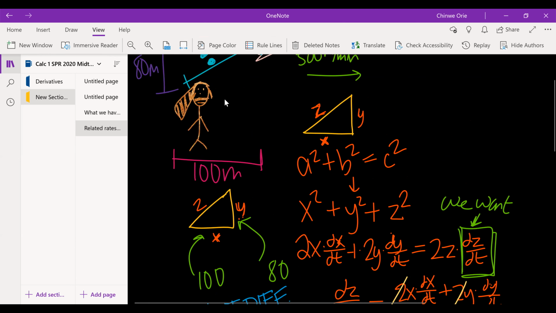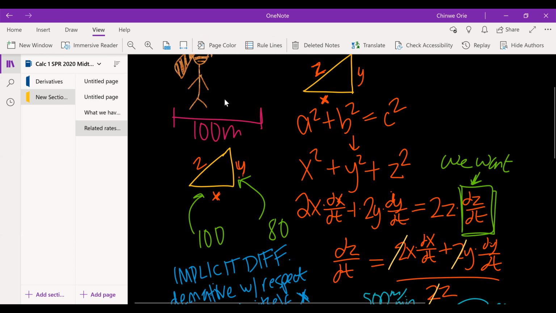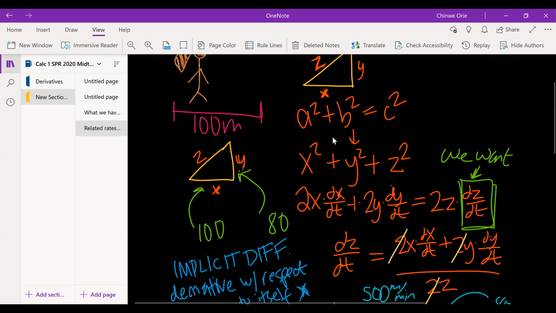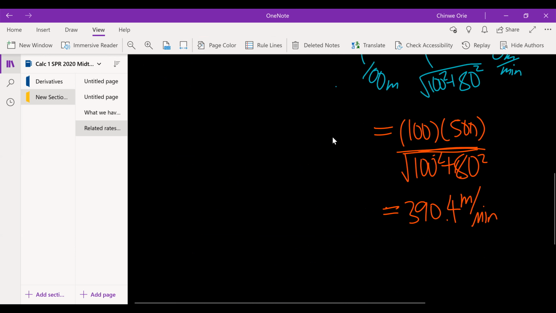Yeah, it's the hypotenuse. That's z. Then z would be 100 meters. Okay, so you're saying z would be 100 meters, and then y would be 80, and then x would be 60. Yeah. Okay.